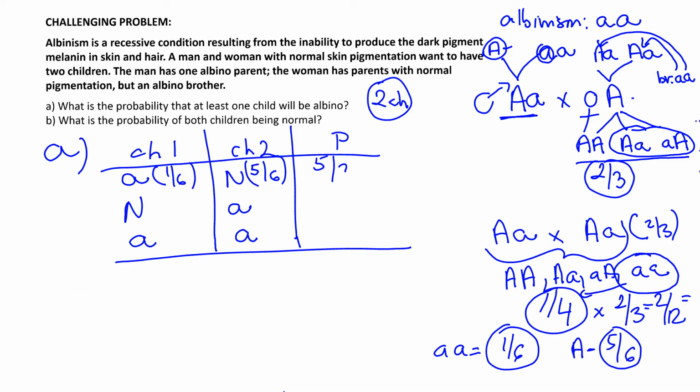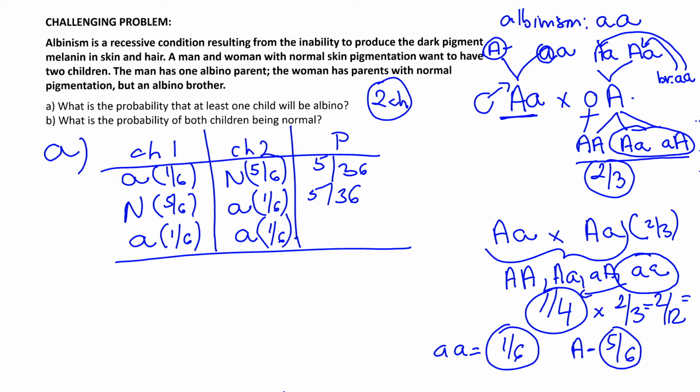The second way this might happen is that the first child is normal and the second one is albino. So what is the probability here? It's again 5/36. Okay. The third possibility is that both children are albino. So the probability that the first child will be albino and the second one will be albino is 1/36.